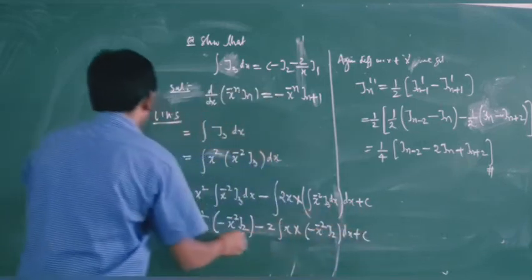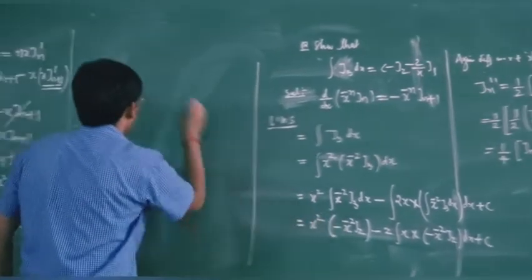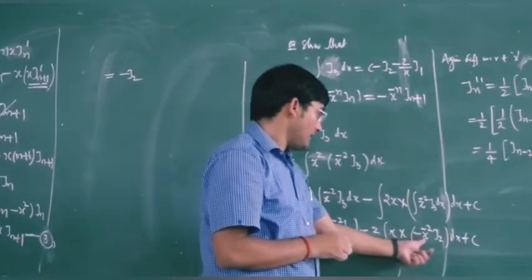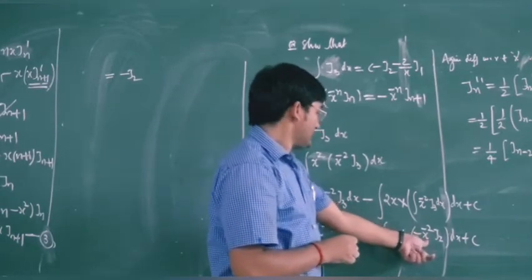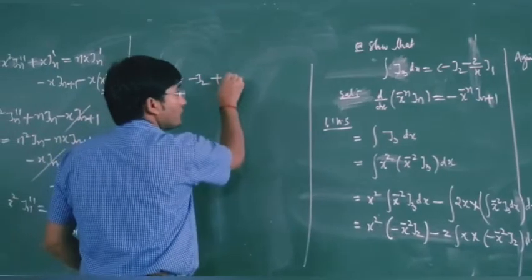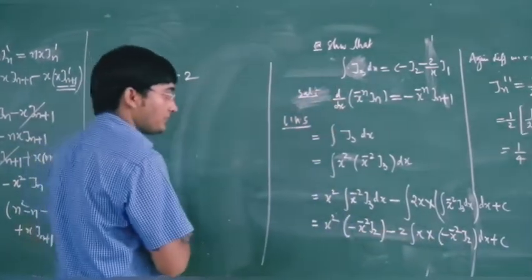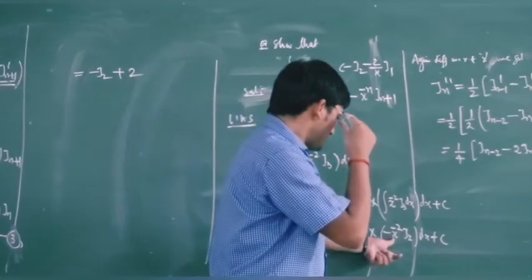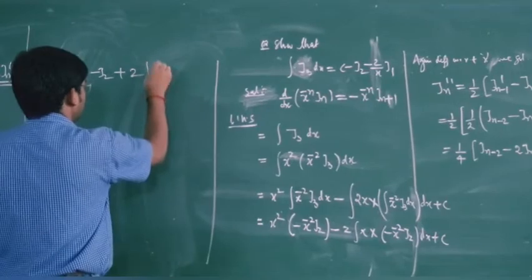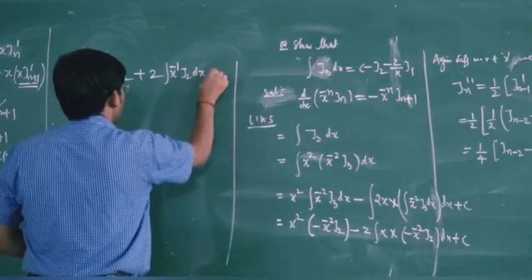So this is equal to minus J2. Now here we will have x power minus 1, so minus minus is plus, so we will have 2 divided by x, so this will be basically x power minus 1 into J2 dx plus some constant of integration.